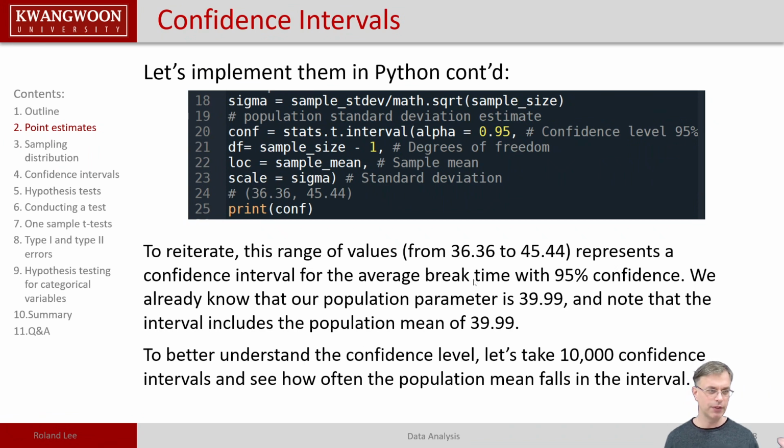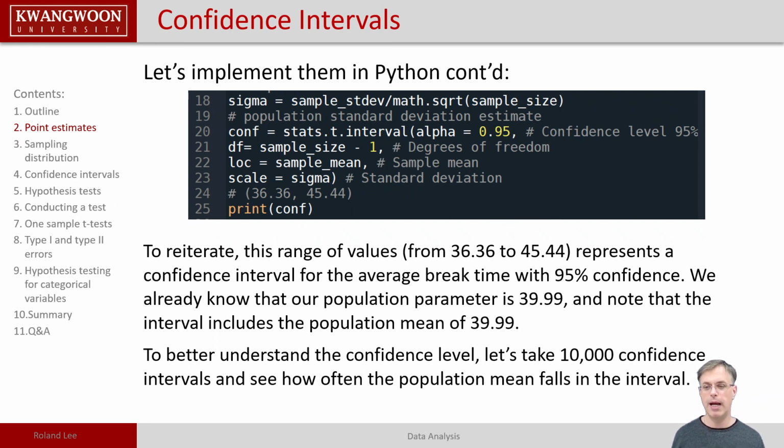We got a different value, but it doesn't matter. So the point is that this represents the confidence interval for the average break time with 95% confidence. And we already know that our population parameter is 39.99, and note that the interval includes the population mean of 39.99.